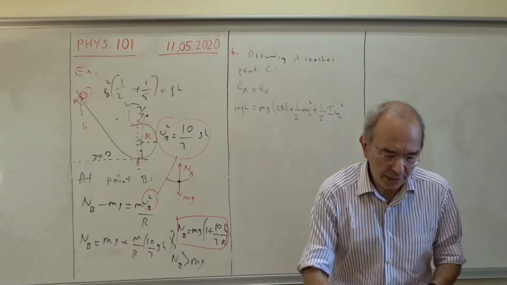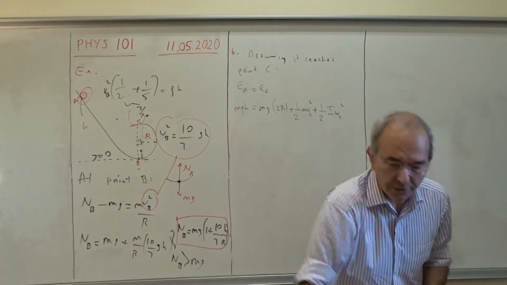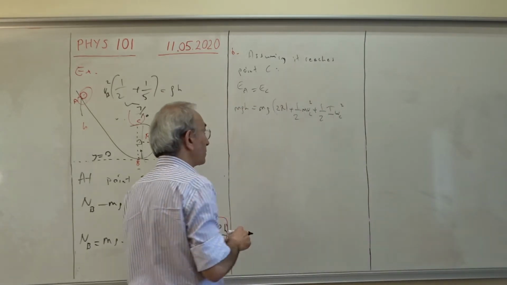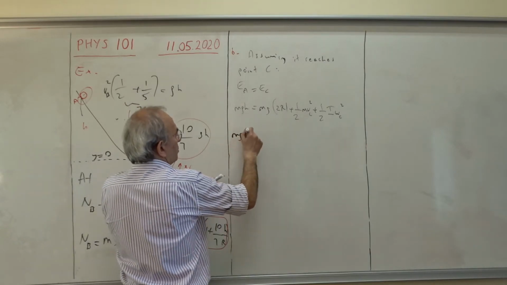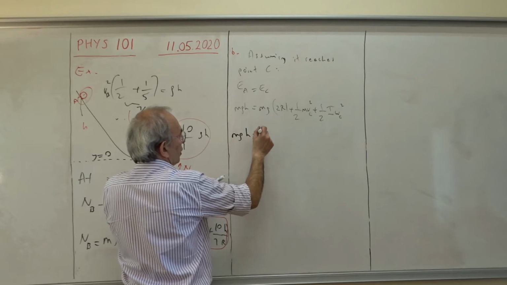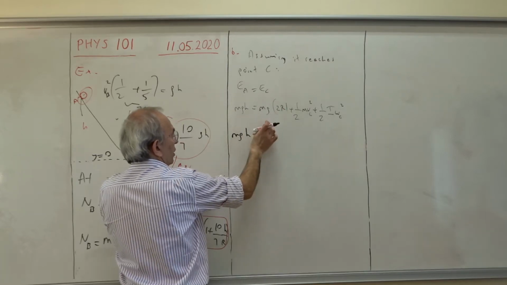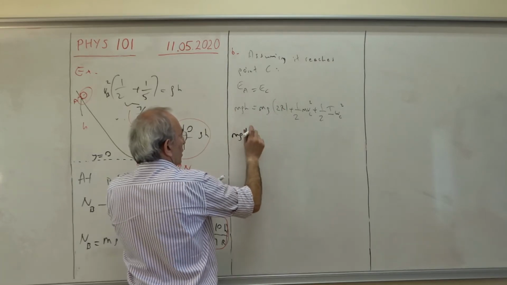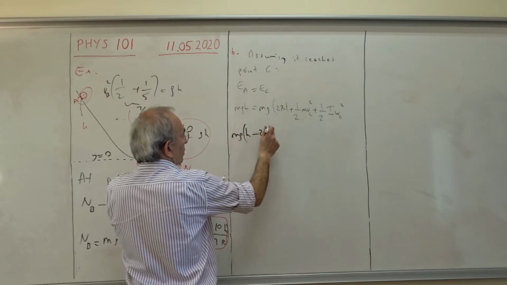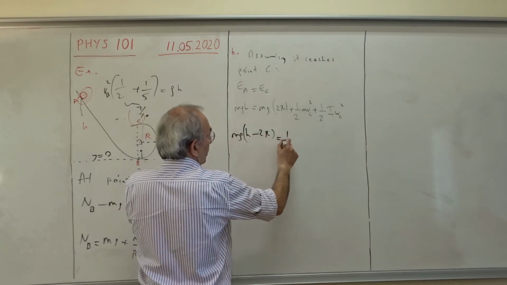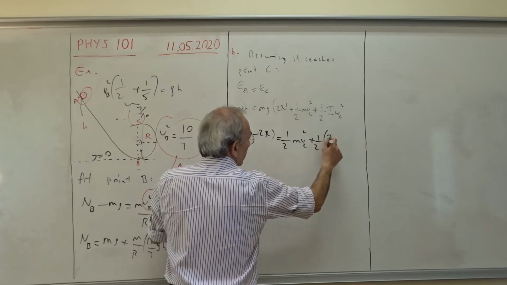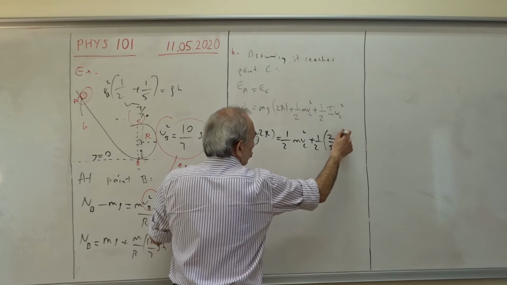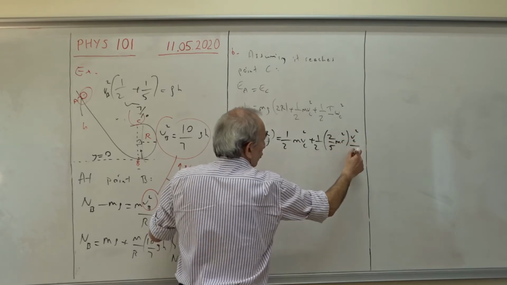Now we continue, and there are some cancellations, of course. mgh is equal to, let's take 2R here, mg times h minus 2r on the one hand equals 1/2 mvc squared plus 1/2 times 2/5 mr squared vc squared over r squared.